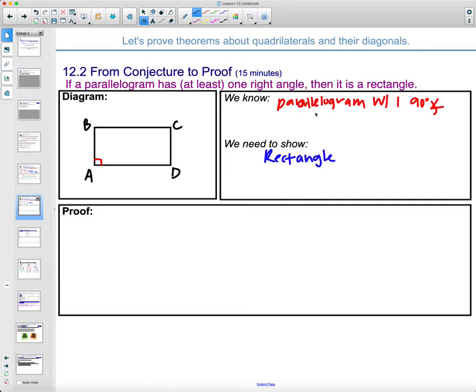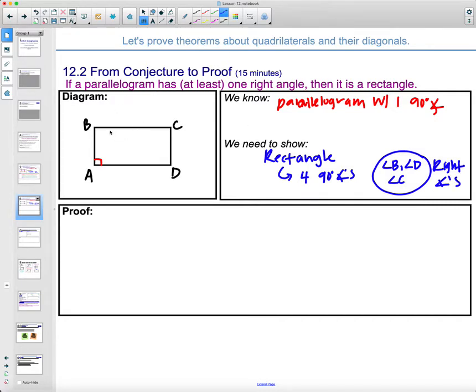So that's all from it being a parallelogram. In order to prove that it's a rectangle, we need to prove that we have four 90-degree angles. So in this case, we need to prove that angle B, angle C, and angle D are all right angles. We need to get all of these as right angles in our proof.